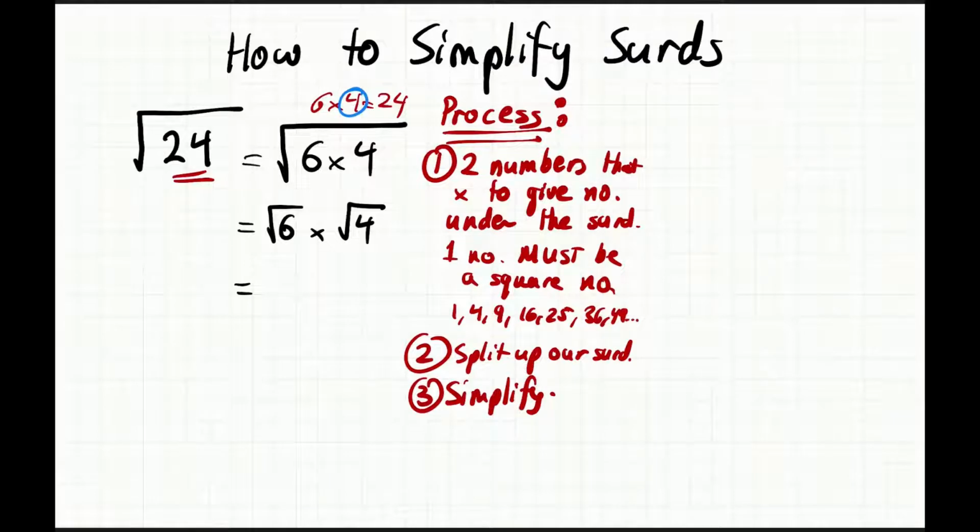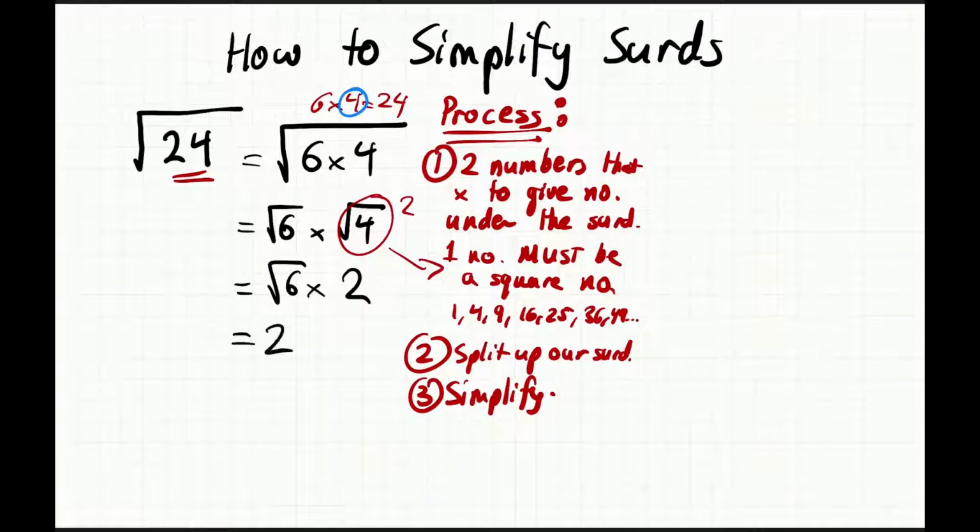The root 4 can simplify though, and this emphasizes the importance of step number 1, choosing a number that must be a square. Root 4 is 2. So we have root 6 times 2, which can be rewritten as 2 root 6, and that is our simplified surd. Excellent.